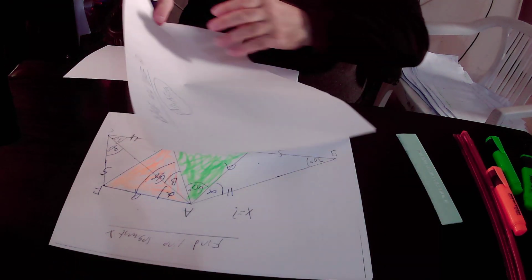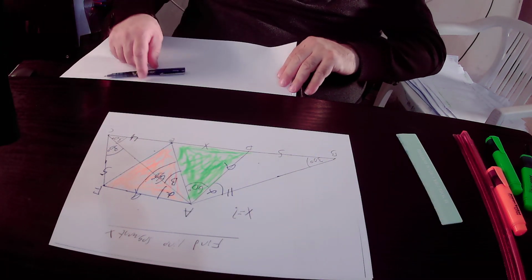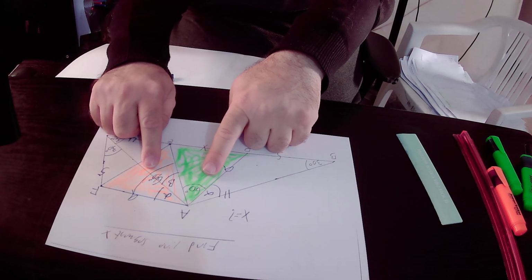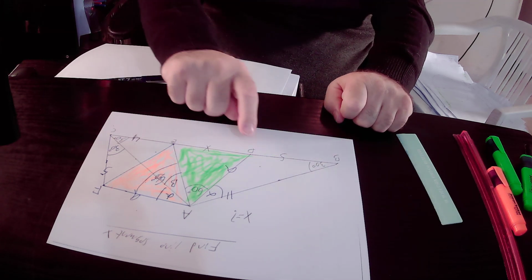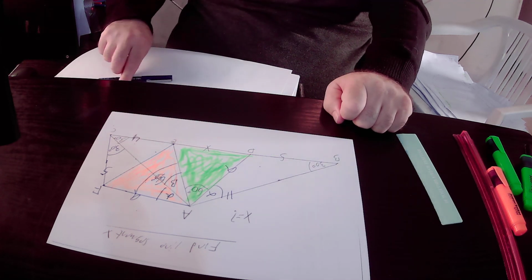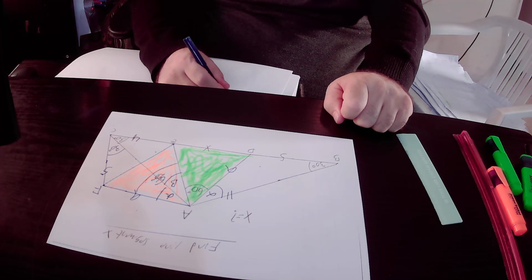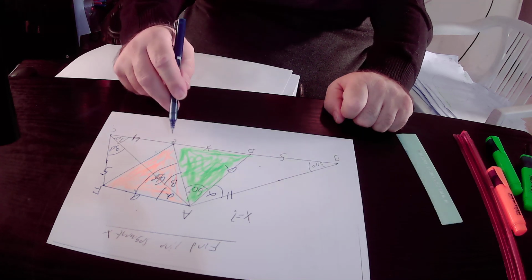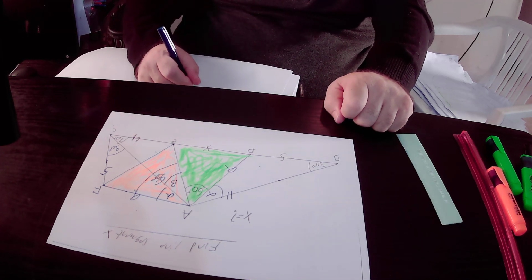In addition, those two angles are both equal to 60 degrees, therefore they are equal to each other. So this angle DAE is equal to this angle, that is actually angle EAF.